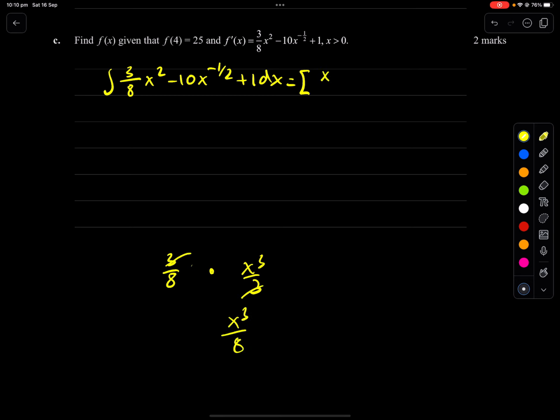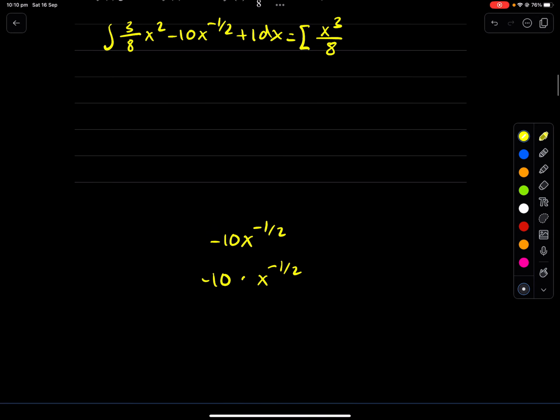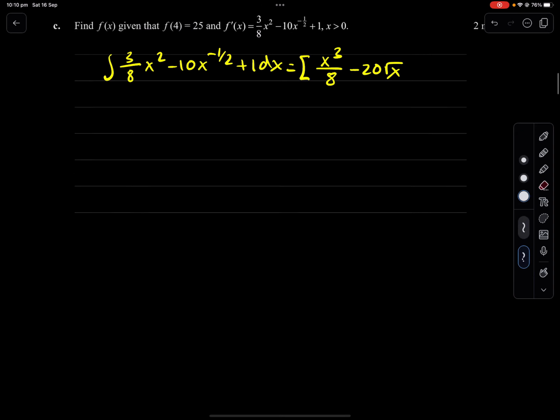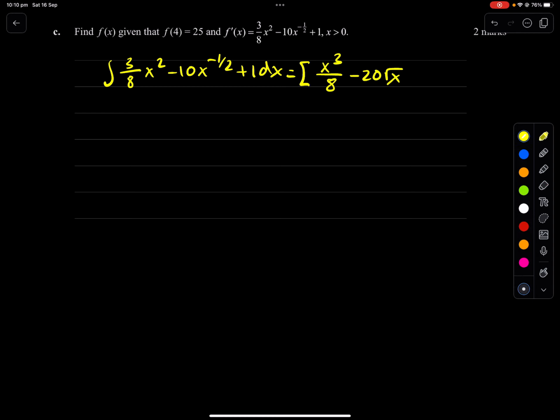Let's do that for the next one. For negative 10 x^(negative half), pull that constant out, times x^(negative half). If we add 1 to the power, it'll be half, and we're dividing by a half, which is just multiplying by 2, so it'll be negative 20 root x. And the last one is just plus x, plus c.